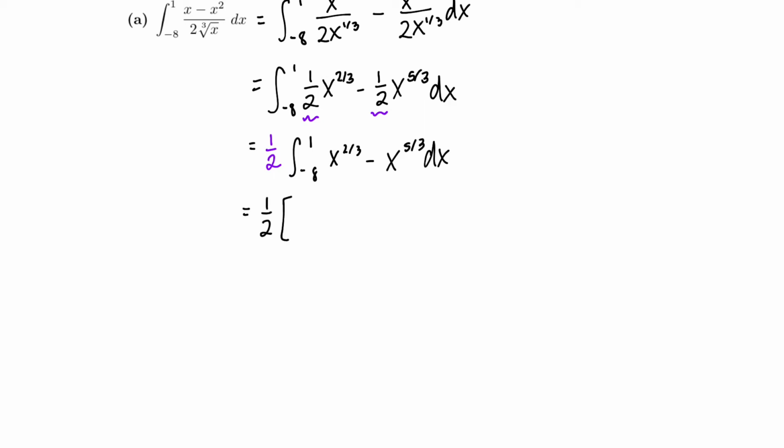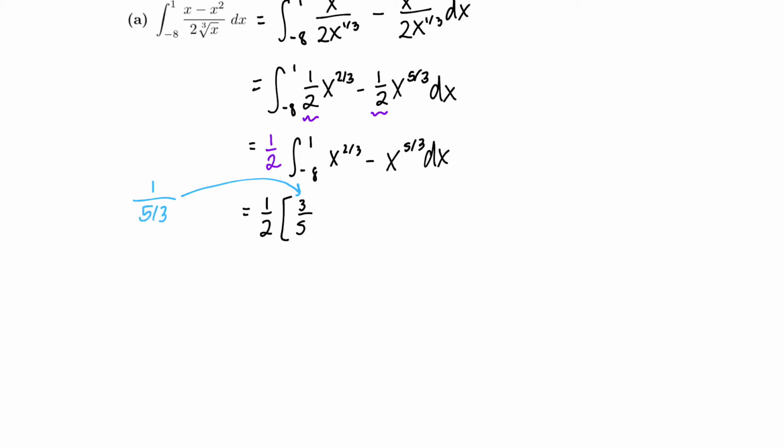Now I'm integrating. So I'm adding 1 to 2/3. That's going to give me 5/3, but it's going to be 1 over 5/3, so it flips the fraction upside down. So instead of writing 1 over 5/3, I like to be a little bit more efficient and just immediately go to 3/5. But as a note, this comes because you have 1 over 5/3.